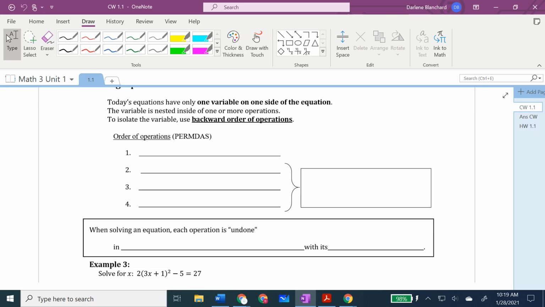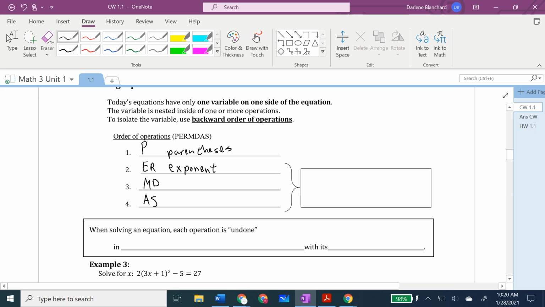All right, so normally we learn PEMDAS. I prefer PERMDAS, because with PERMDAS you have P, E, R, MD, AS. You know parentheses. You also know that the E stands for exponent.